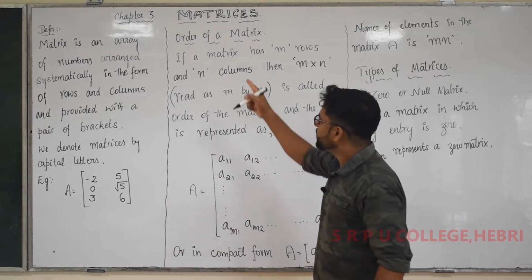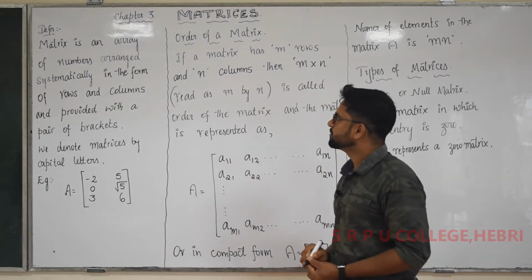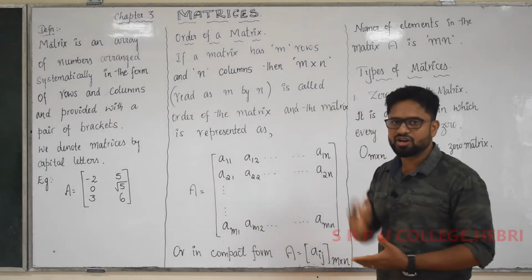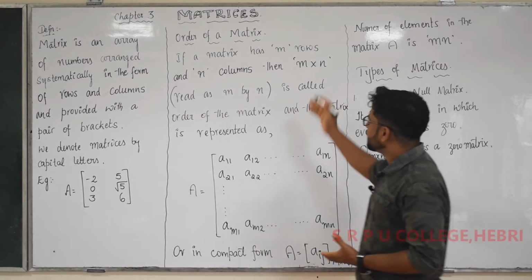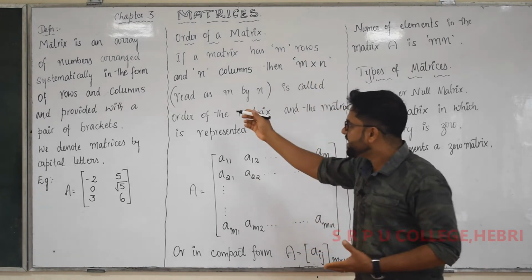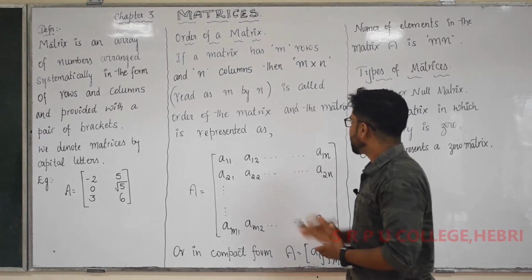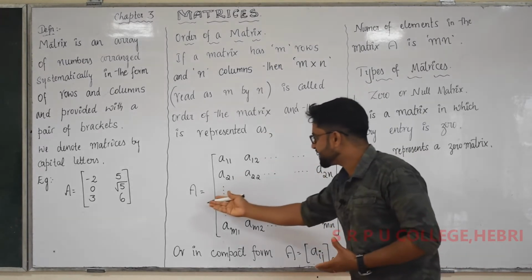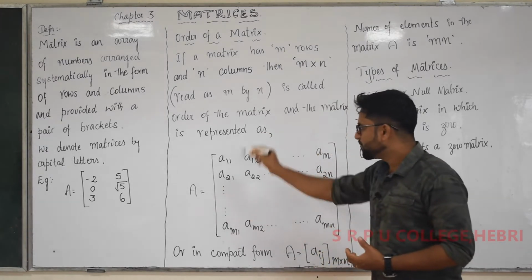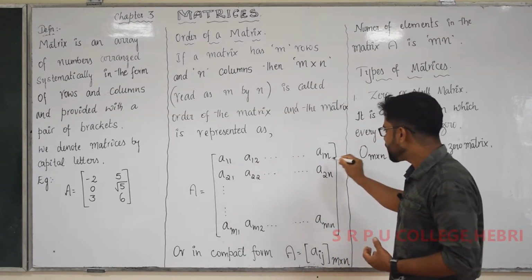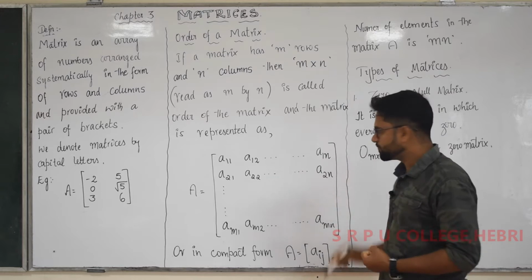Now we will start with the order of a matrix. What is the order of a matrix? If a matrix has m rows and n columns, then m cross n, we read it as m by n, is called the order of the matrix. And the matrix is represented like this: A is equal to, within the square bracket, A11, A12, and so on up to A1n, the first row.